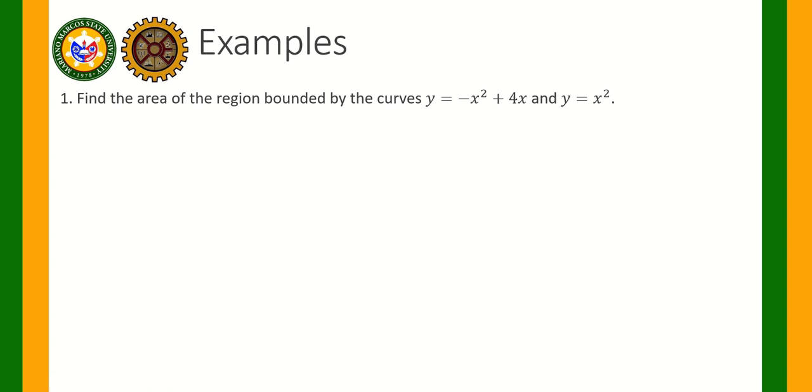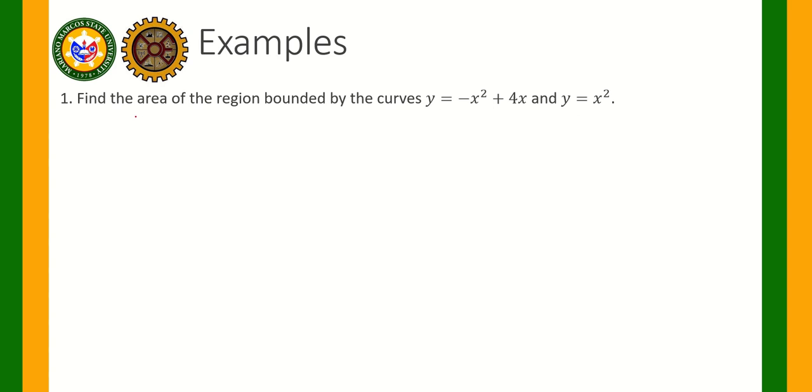Find the area of the region bounded by the curves y equal to negative x squared plus 4x and y equal to x squared. Okay. So, how do we transform an equation into a standard equation of a parabola? So, we apply completing the square dito sa part na to.